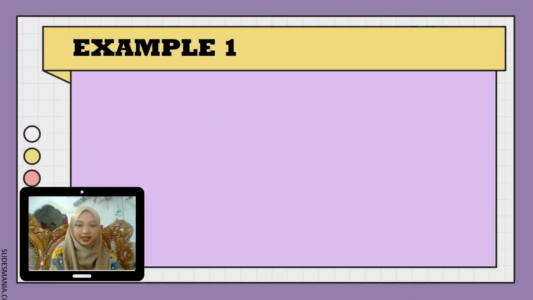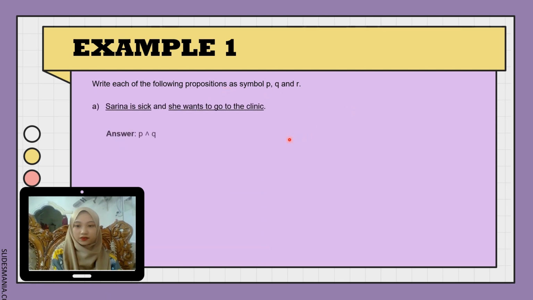So guys, let's see the first example, which is to write each of the following propositions as symbols using P, Q and R. The first one is Sarina is sick and she wants to go to the clinic. Sarina is sick is P, she wants to go to the clinic is Q, and it uses AND as the symbol, like this.